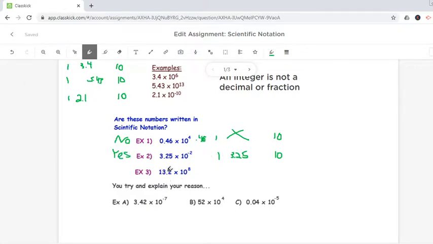And 13.2 times 10 to the 8th. 13.2, so we'll do 1 and 10. 13.2, well, that's above 10. So it's not between 1 and 10. No, no. Okay.